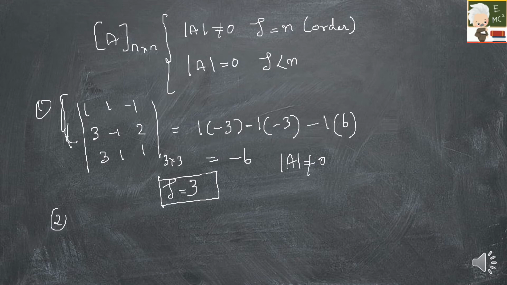Next is the determinant of 2, 1, minus 1, 0, 3, minus 2, 2, 4, minus 3. Let us find the determinant for this.